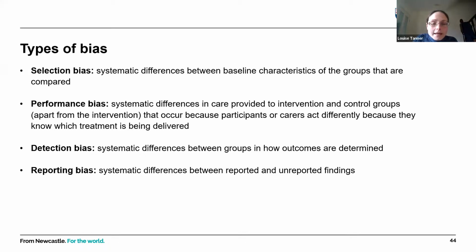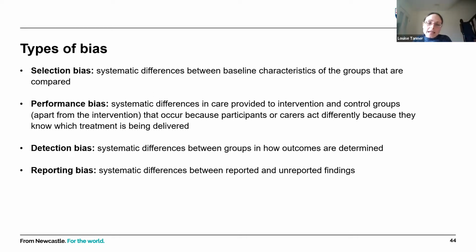Reporting bias refers to systematic differences between reported and unreported findings. An example here might be a researcher who was given some money by a toothpaste company to assess the effect of their toothpaste on reducing the level of tooth decay in children.